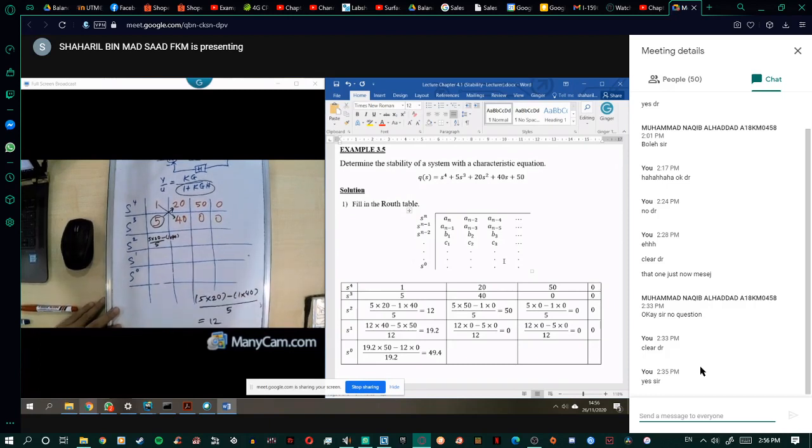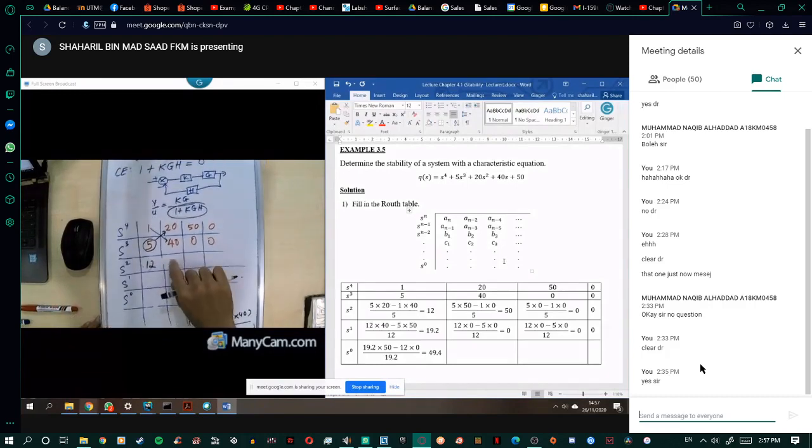Good, thank you. Now you get 12 here, so this table becomes 12. Done. Clear.